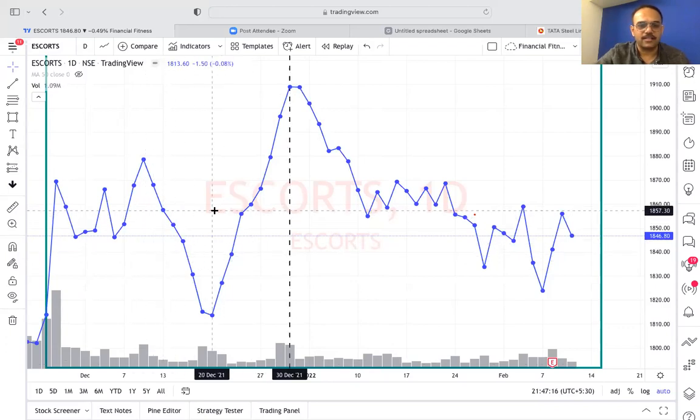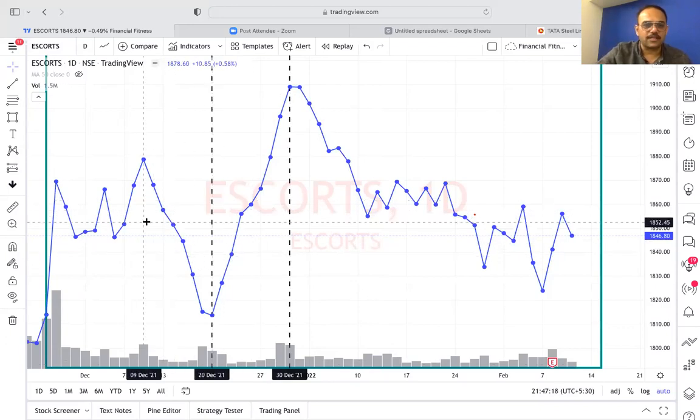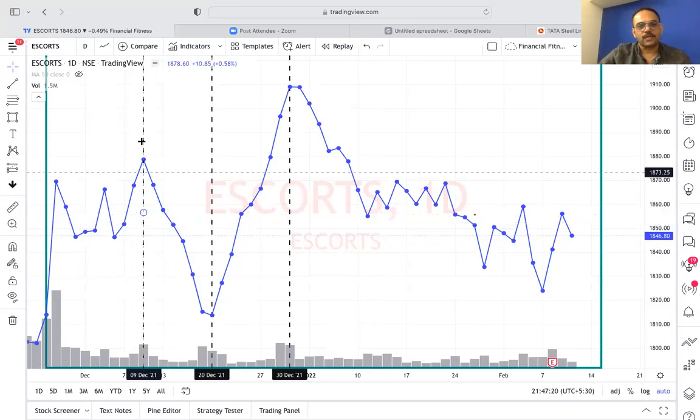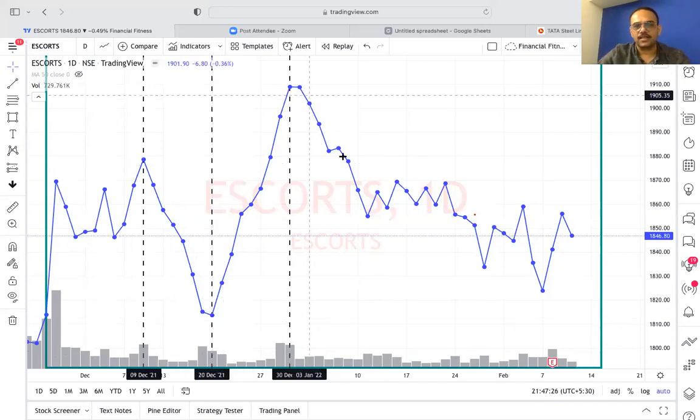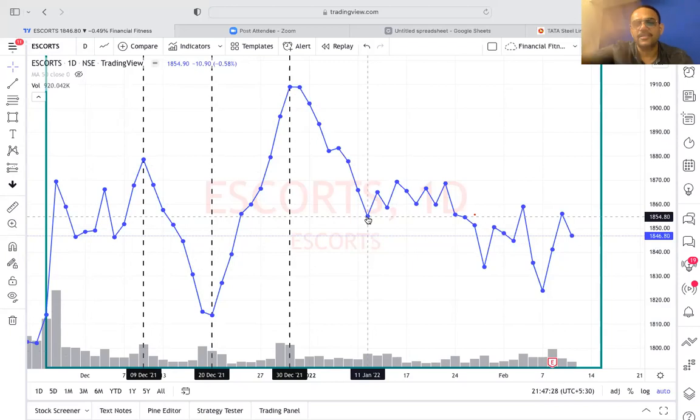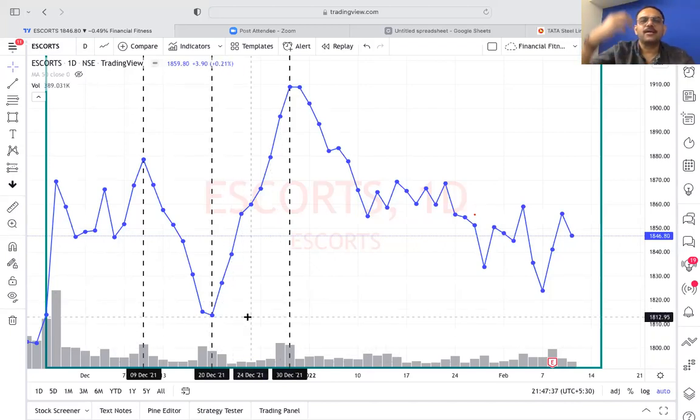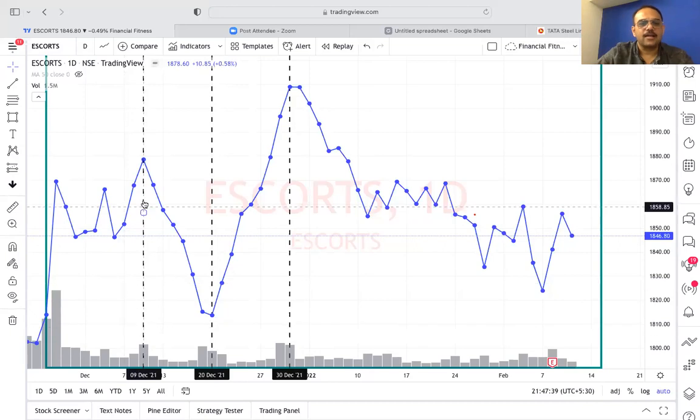So you can divide this into parts. This is going up, this is coming down. The volume here should be lesser than the volume when it is going up. When prices are going up, the volumes should be relatively higher than when prices are coming down.